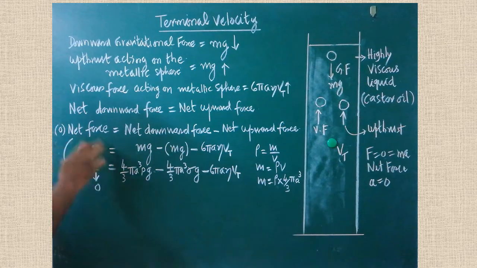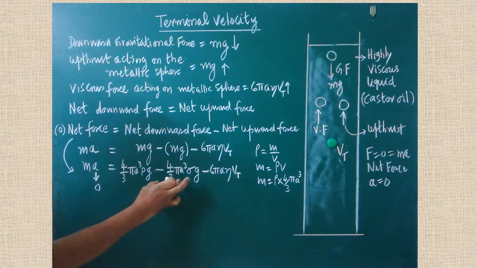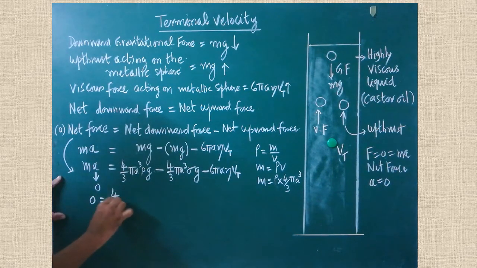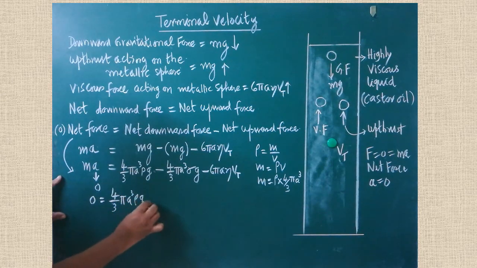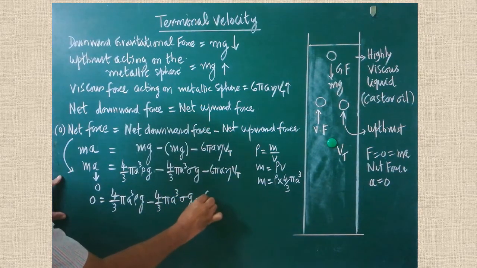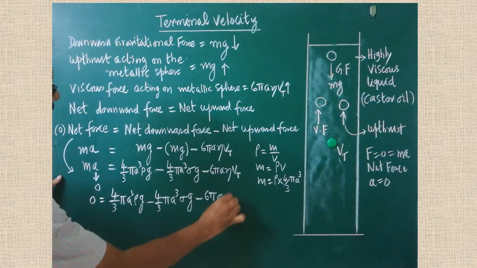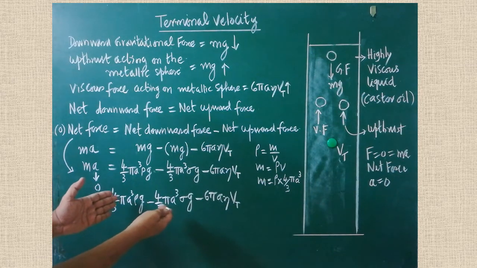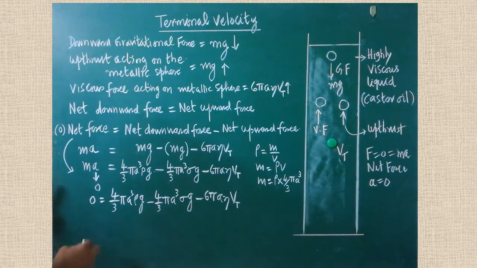So this factor becomes 0. What is the rest of the factor? This is the rest of the factor. Now we can write it as 0 is equal to 4 by 3 pi a cube rho g minus 4 by 3 pi a cube sigma g minus 6 pi a eta vt. In that format we can write. Are you clear? Now these factors can be combined.